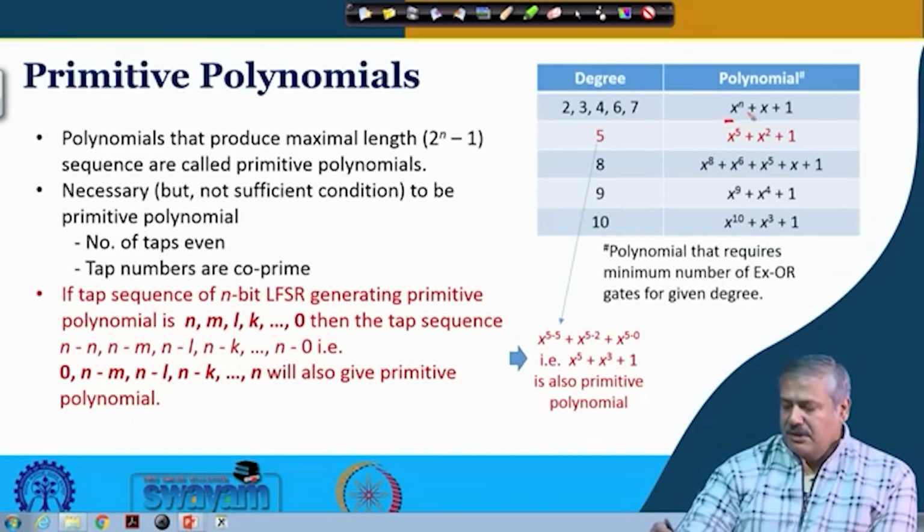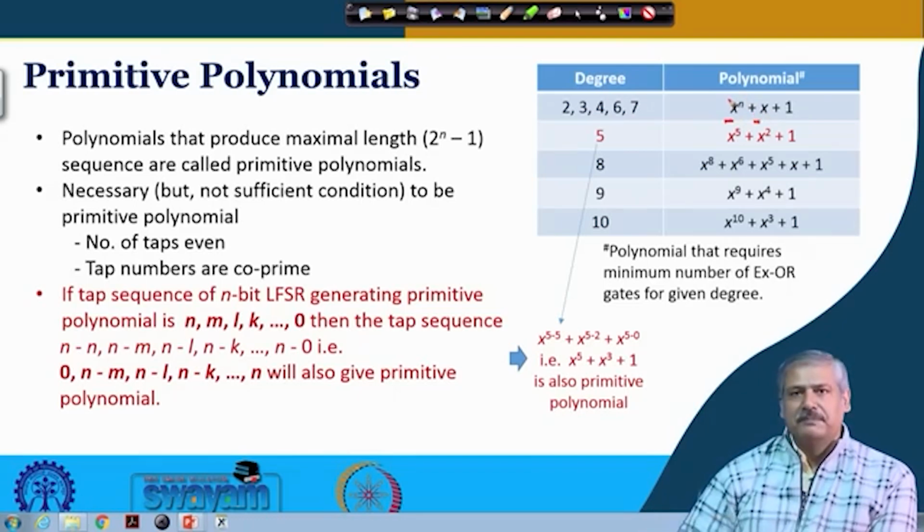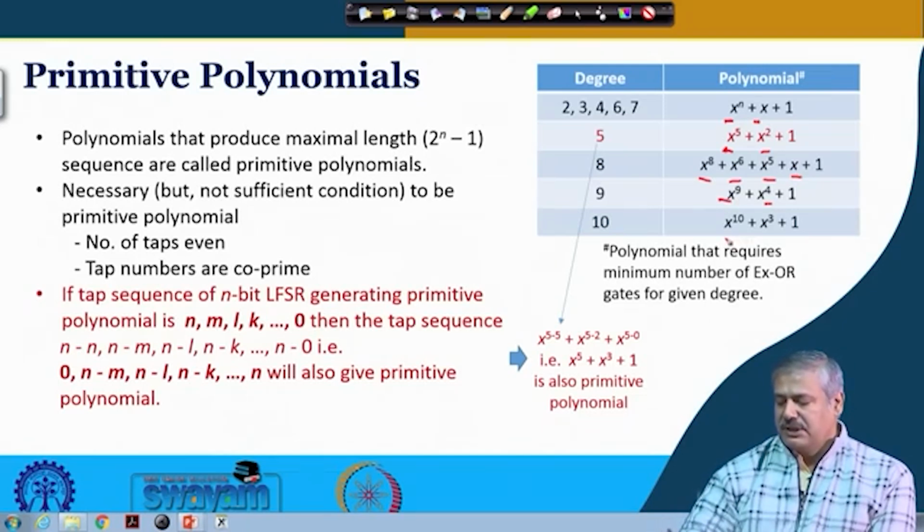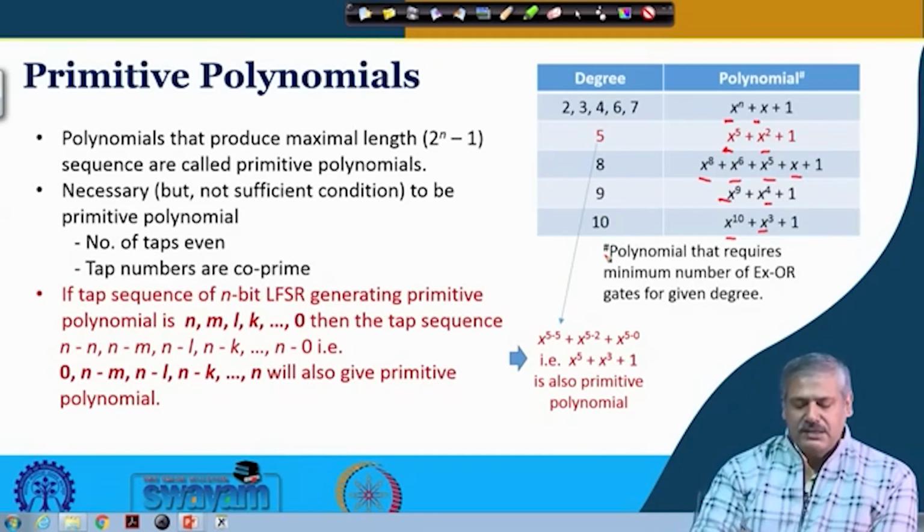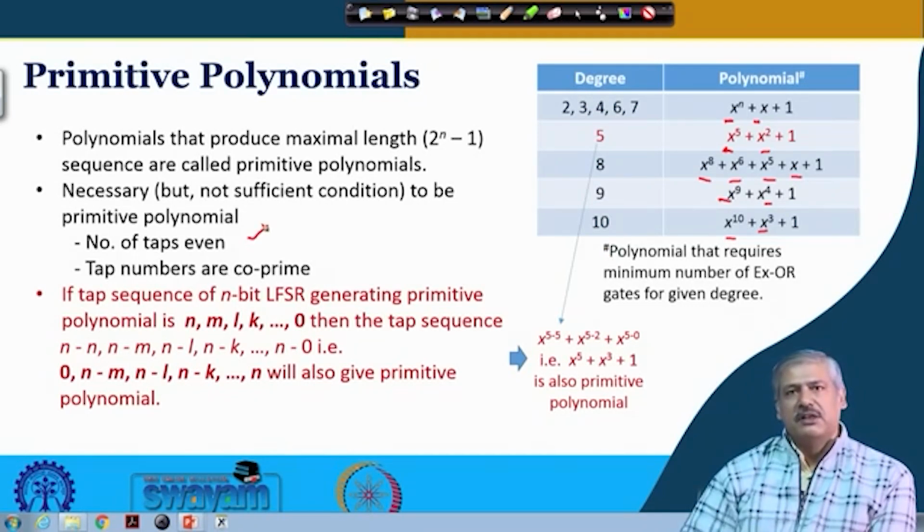Number of taps: x to the power n and x, so that is x to the power 7 and the first flip flop, the 7th flip flop, 5th and 2nd, 8th, 6th, 5th and 1st, 9th and 4th, 10th and 3rd. So, we have shown it up to degree 10, but you can extend it and you can see that always the number of taps is even.